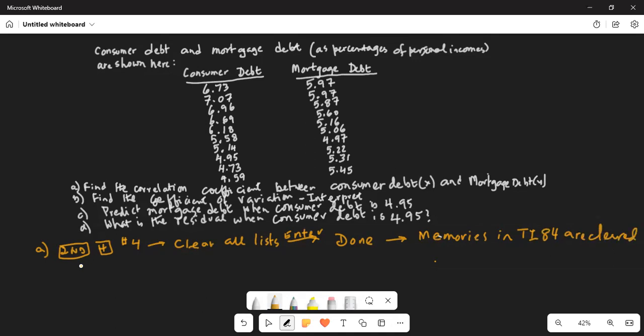Next, you will hit stat. Then press the stat button and select number 1, which is edit.